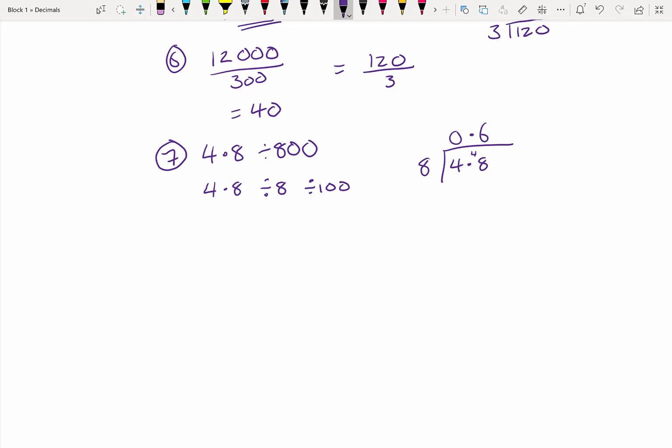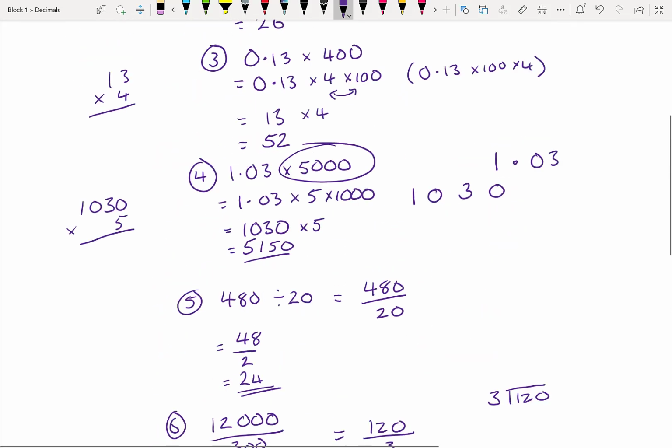And so I end up here with 0.6 divided by 100. When I'm dividing, I move my digits to the right. And so I end up getting 0.006. So it moves 2 columns to the right. It's gone from the tenths to the hundredths to the thousandths.